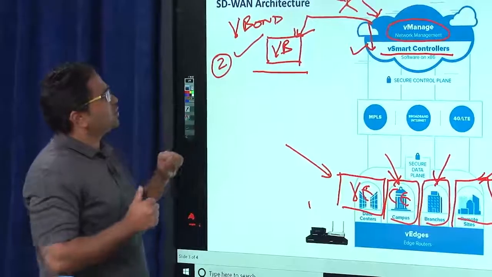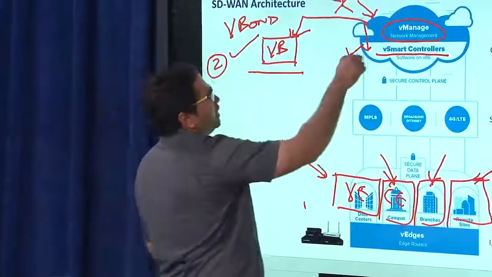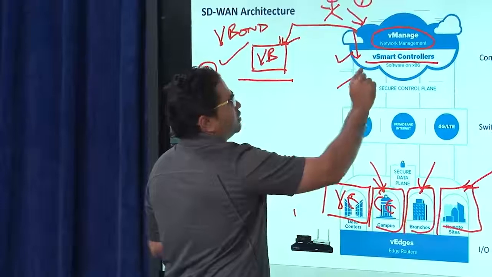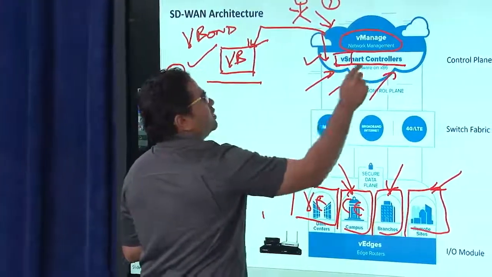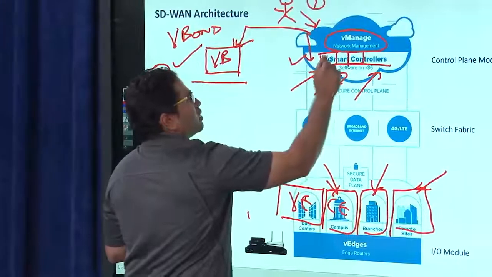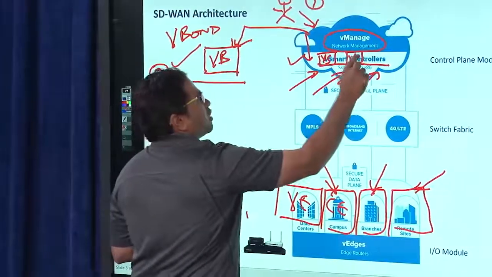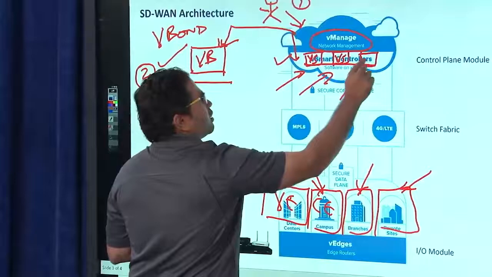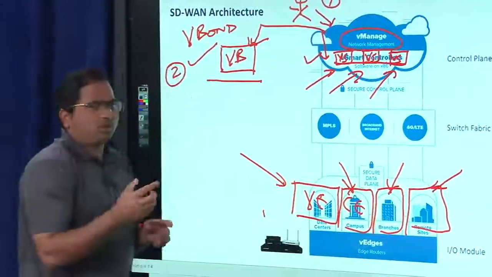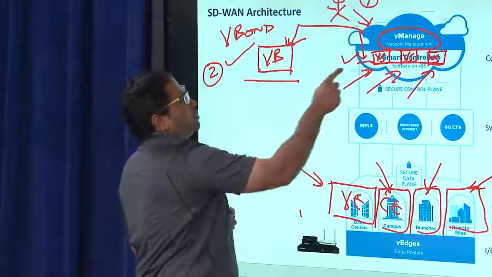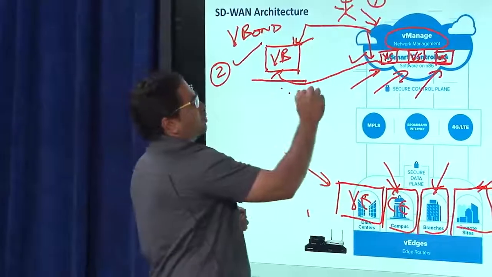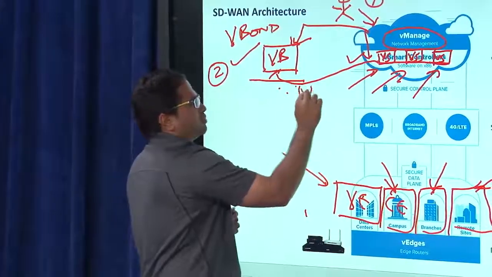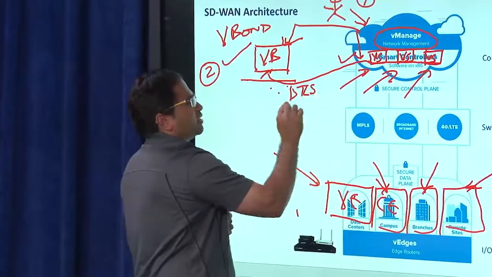So how does the control fabric come up? Each of these controllers, the vSmart, so there can be multiple of these, are programmed to actually call home to the vBond, and this is over DTLS.